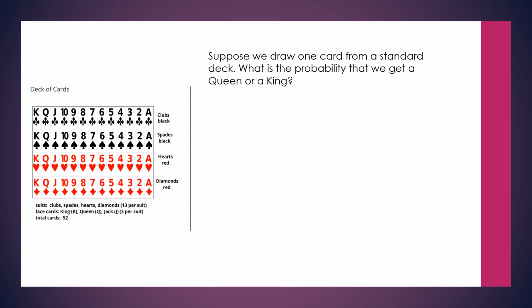For this one, we're going to go back to the deck of cards, except this time we want to know what is the probability we get either a queen, and we'll just write this one out in a Venn diagram, or what is the probability of a king. And so there is no overlap in this situation. These are those mutually exclusive events.